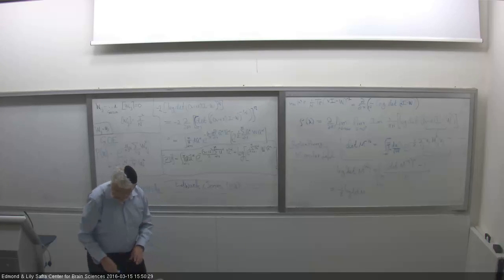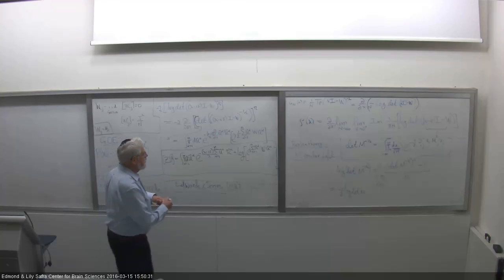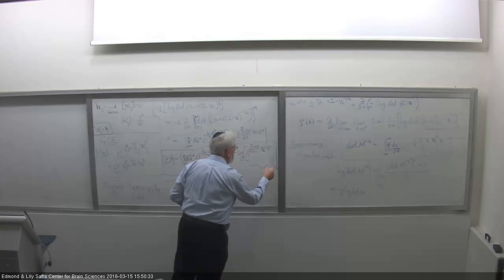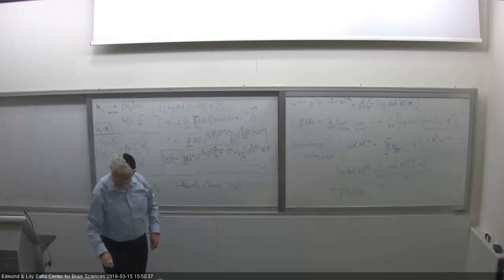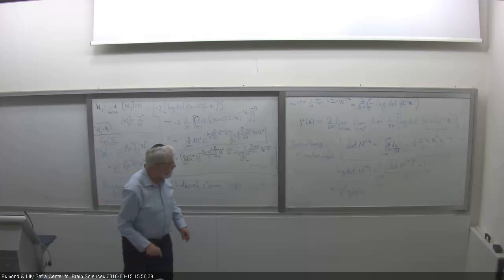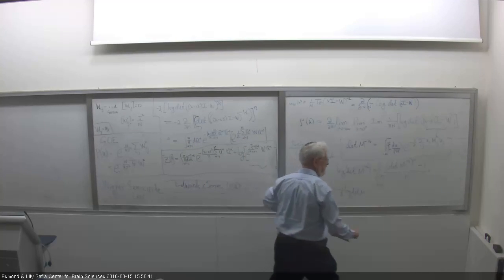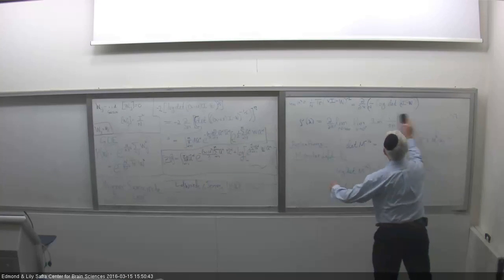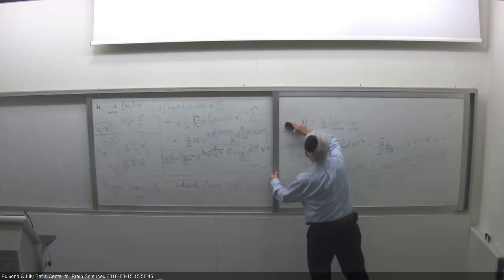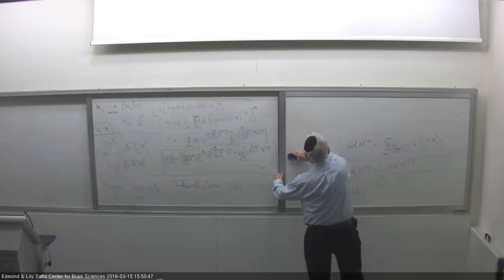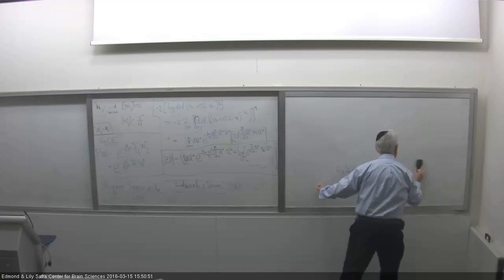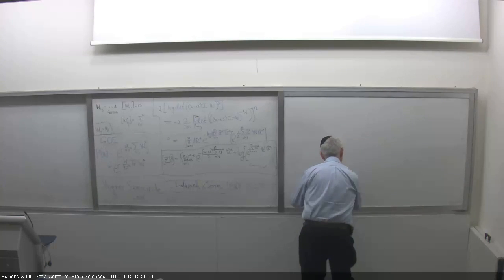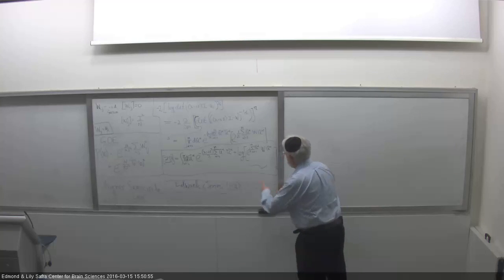We have to do this exponential average over W. This will be relatively straightforward, and then after the break we'll actually solve it. But for now, let's just do this integral.